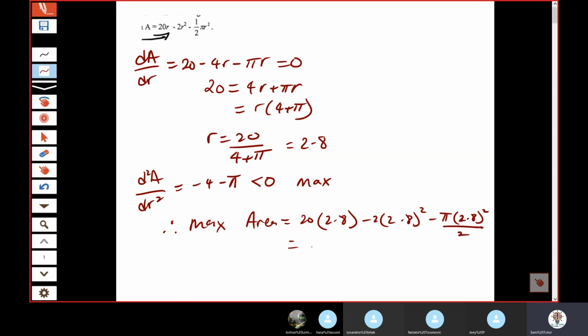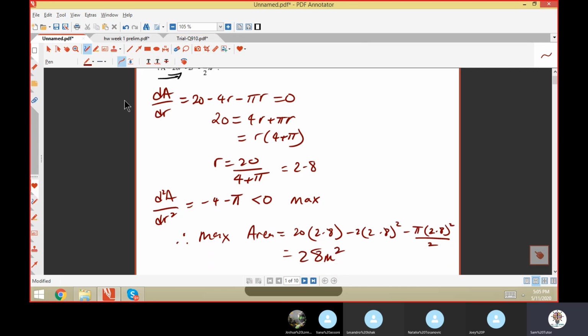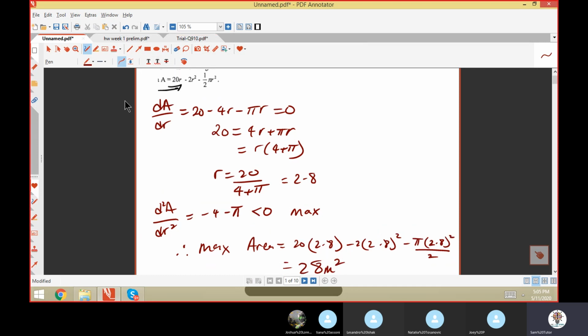The maximum area is this, 28 to the nearest meter. Any questions? That does make sense.